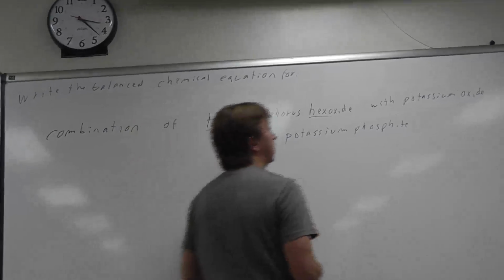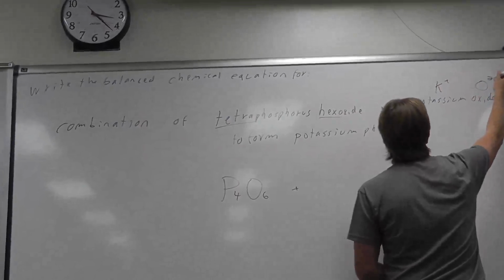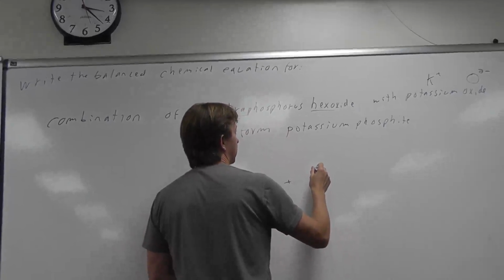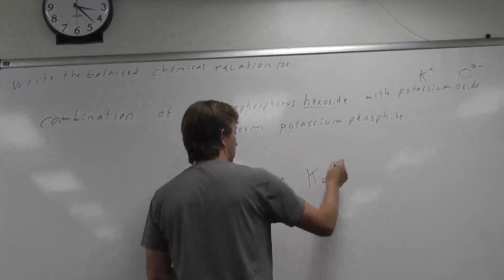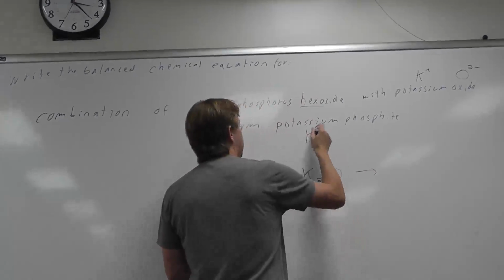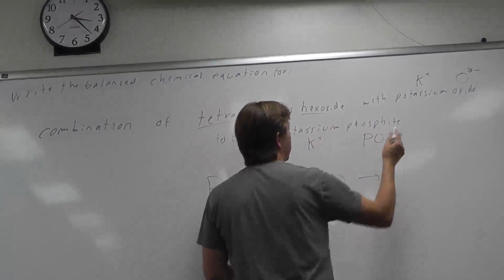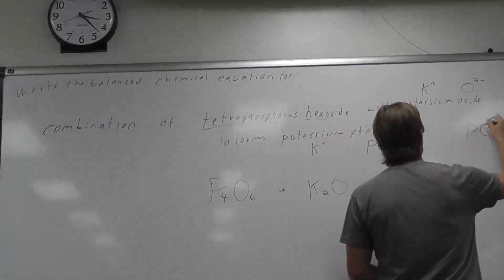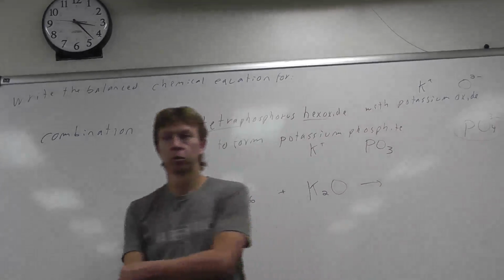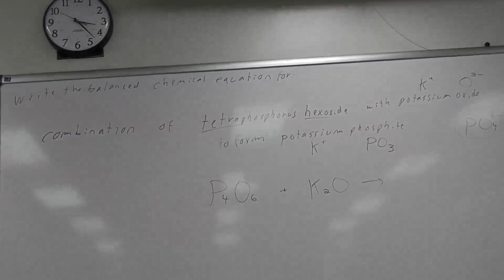We're combining that with potassium oxide. Potassium is a +1, oxide is a -2. So what's the formula for potassium oxide? K2O. And then for the product, potassium is a +1 and phosphite. Now, as a reference point, what you should have memorized is phosphate. That's a very common ion, you're going to see it a lot. Phosphate you should memorize.